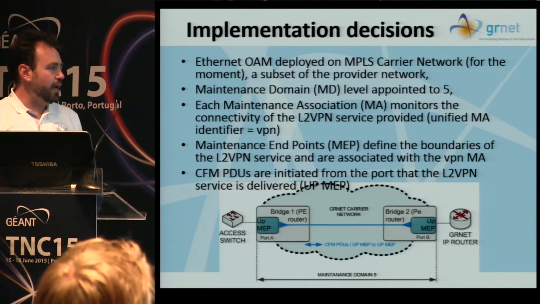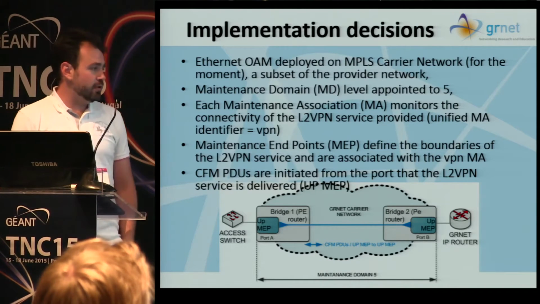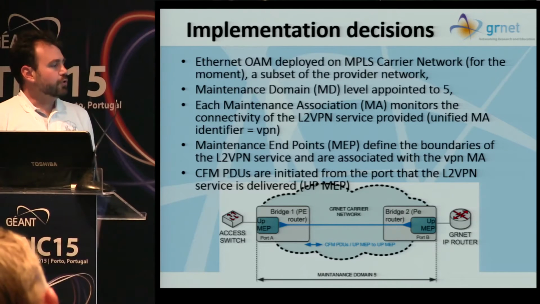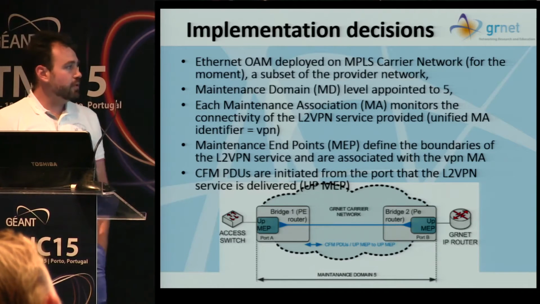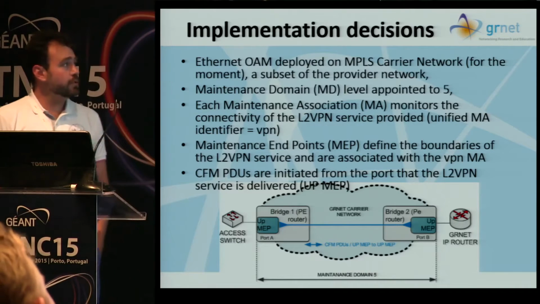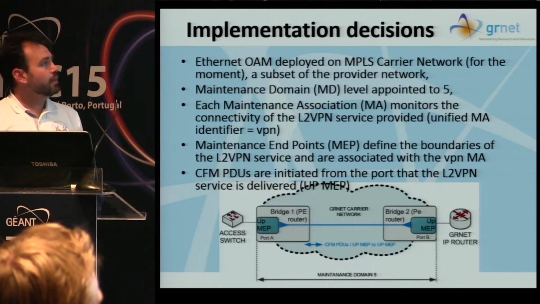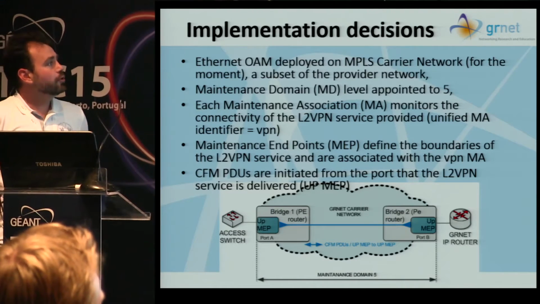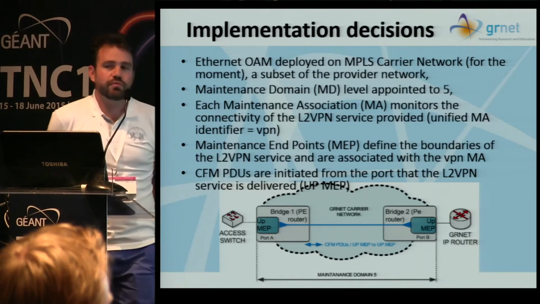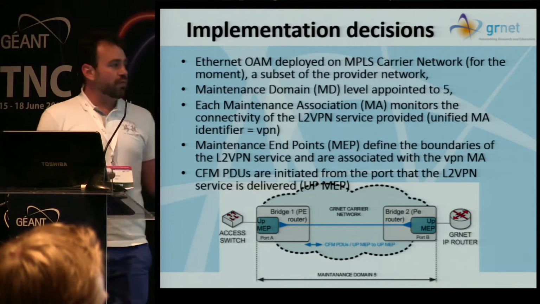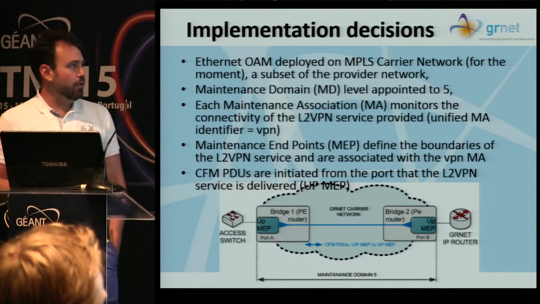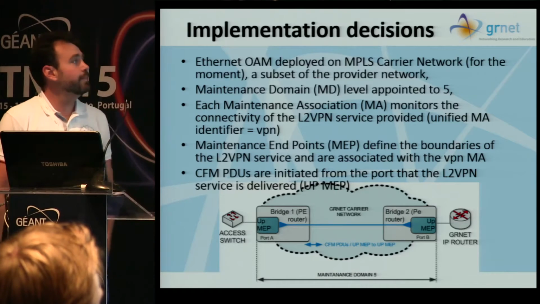This is a maintenance domain which has been assigned the number 5, in order to give us the option, if we wish later, to extend it and include a maintenance domain number 7 for our customers, to have end-to-end measurements. The maintenance association monitors the connectivity of the layer 2 VPNs, as I mentioned before. We have a VPLS service as well. We have an IP service as well. We don't measure them at the moment. We measure only the layer 2 VPNs.